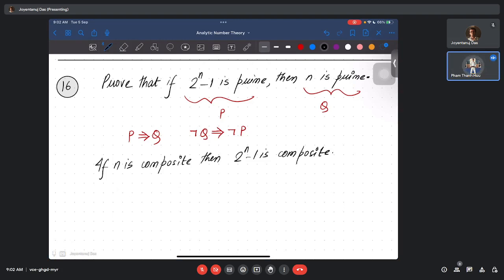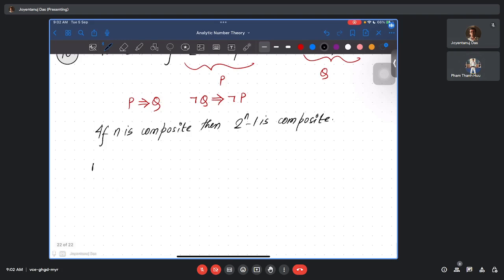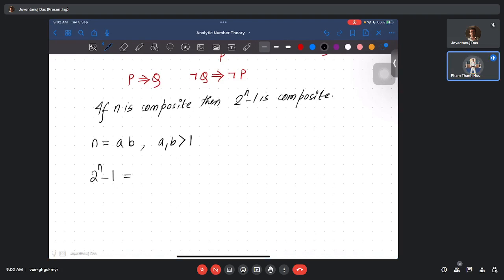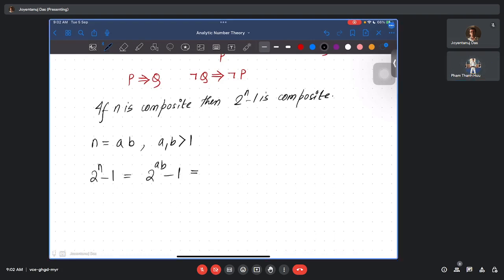Since n is composite, I can write it as a product a times b, where both a and b are strictly greater than 1. Then what happens to 2 power n minus 1? Here we have a factorization, right? It is 2 power a whole power b, minus 1.